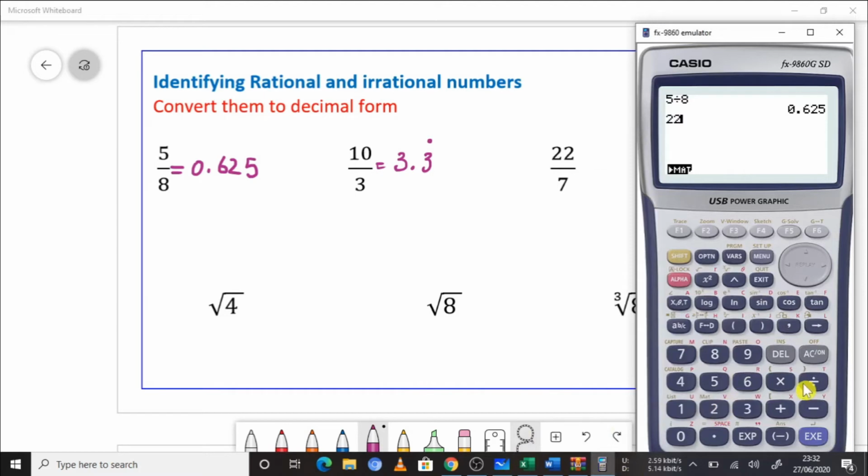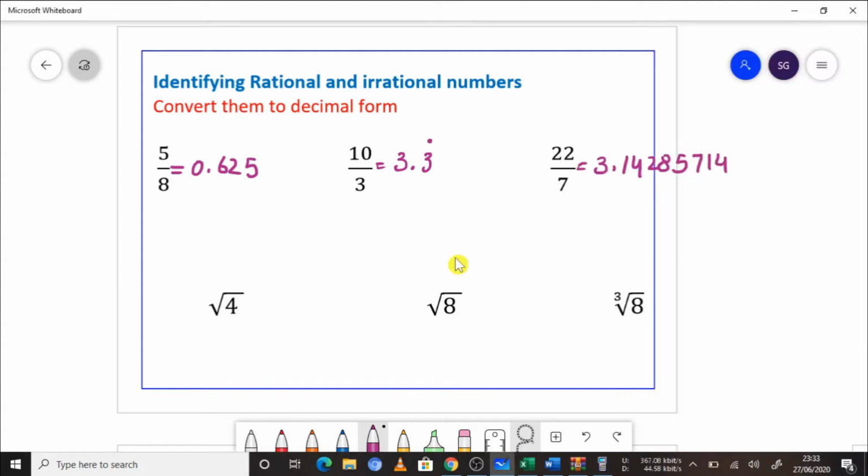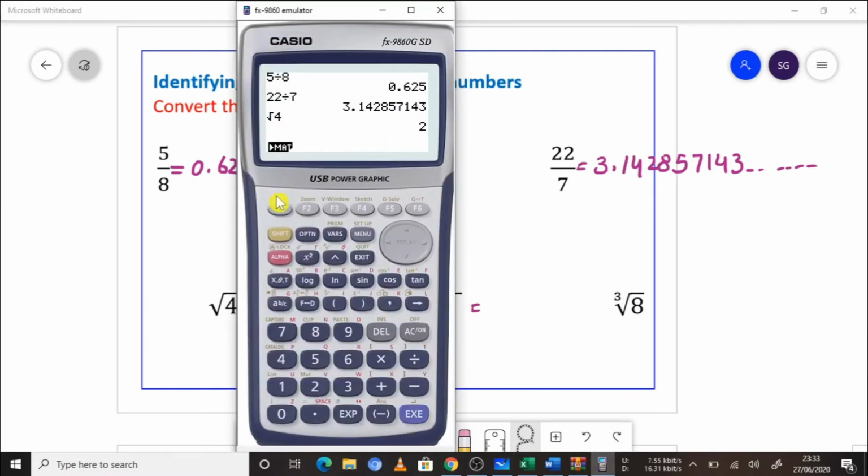22 over 7. 22 divided by 7 is 3.14285, 7143, and it goes on and on, and we can clearly see that it's not following any pattern and it's not going to end. Square root of 4. Square root of 4 is 2. Square root of 8. Let's see what square root of 8 is.